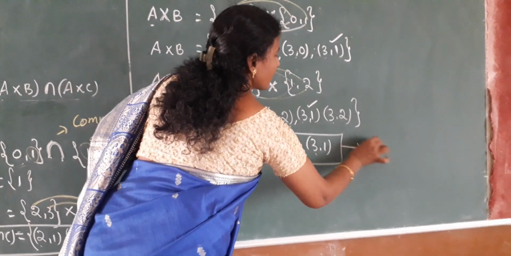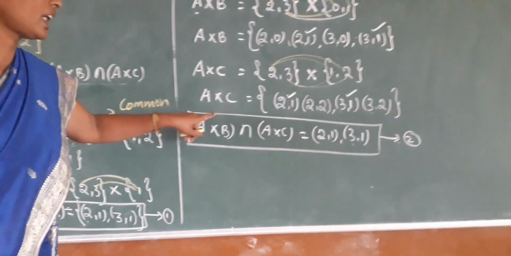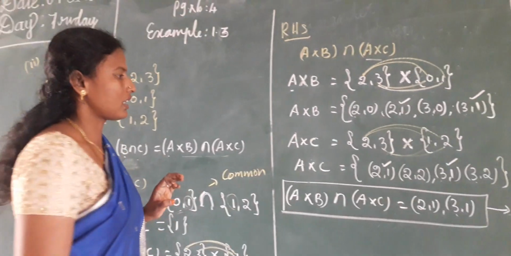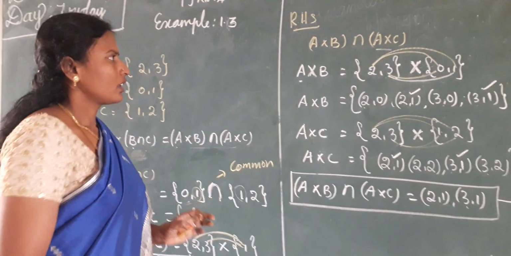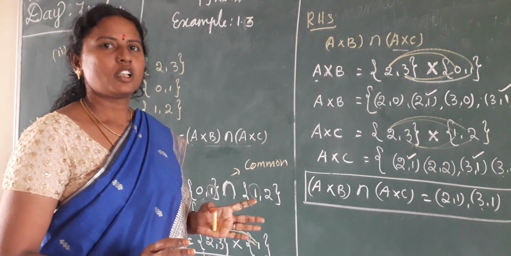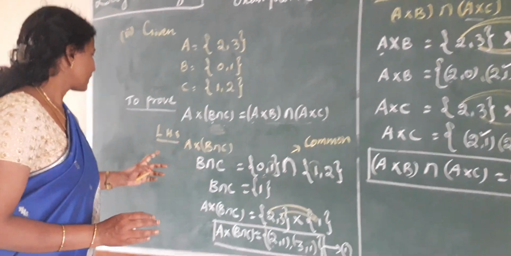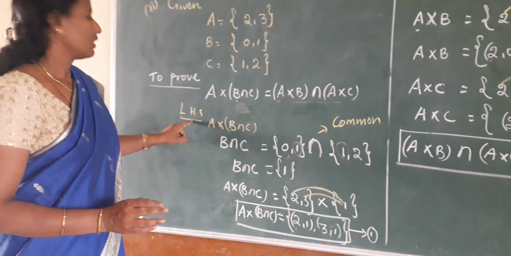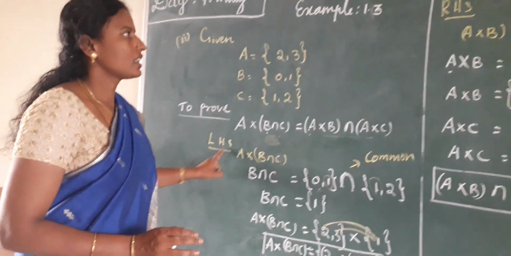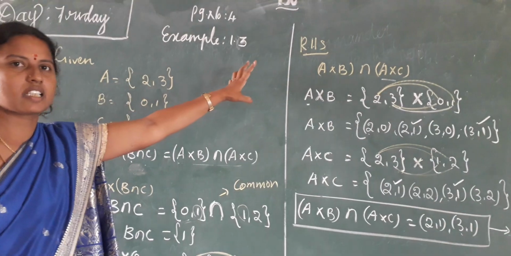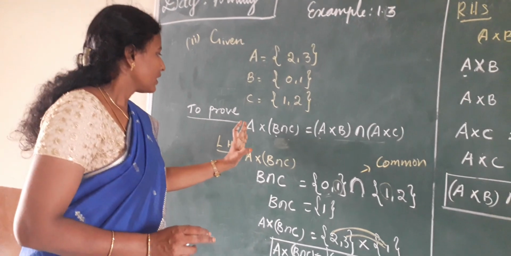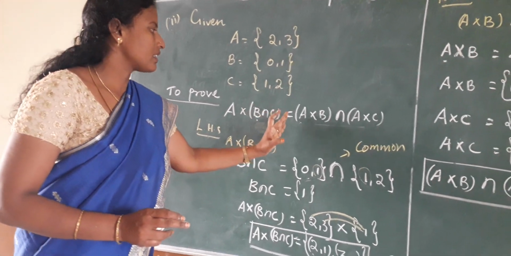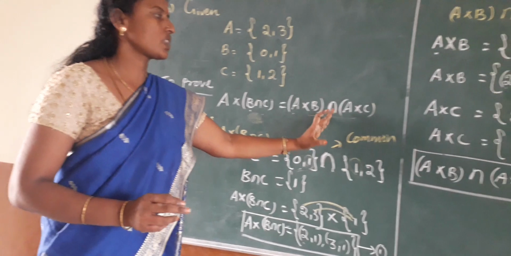Put equation 2 and draw the line using a pencil. Okay. Is our aim over? No. First we completed the left hand side and next we completed the right hand side. What is our aim? A cross B intersection C is equal to A cross B intersection A cross C.